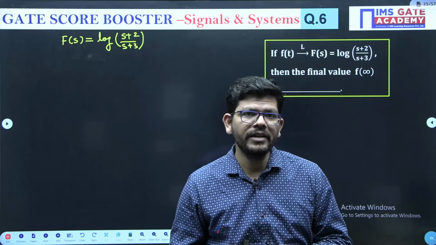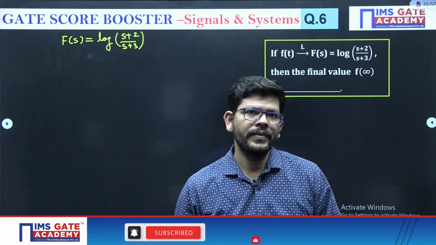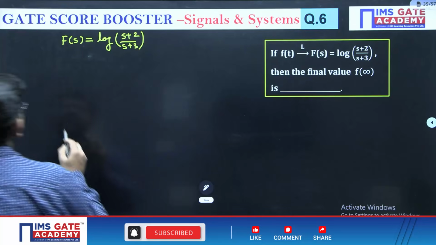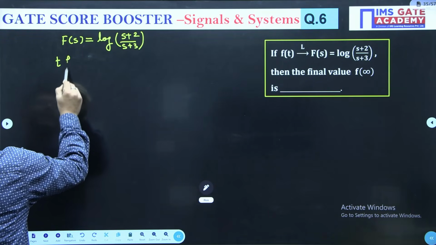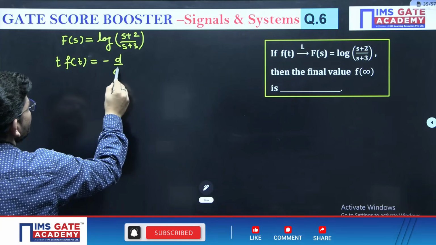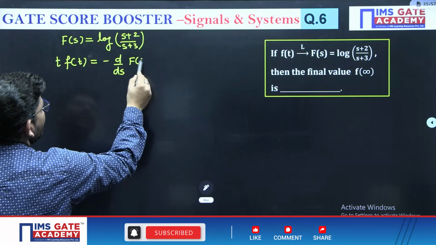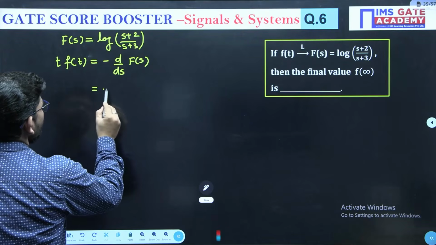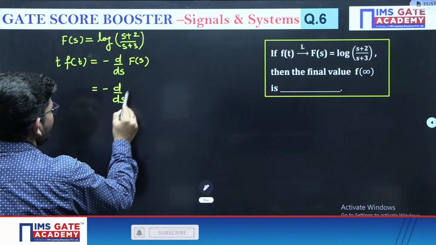We differentiate in the frequency domain when the time is multiplied in the time domain. So use that property. We know that t f(t) is equal to minus d by ds of F(s), right?